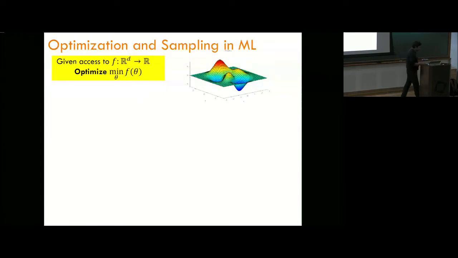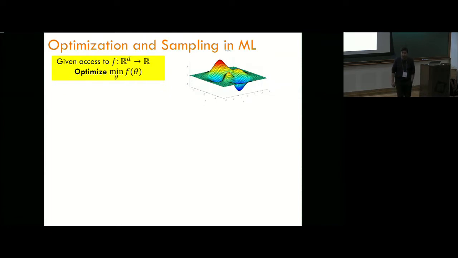So in machine learning and optimization and even theoretical computer science, where I come from, this kind of problem shows up quite often, that you're given access to some function, f, whose domain is all of R^d or maybe some subset of R^d, and think of d as large.